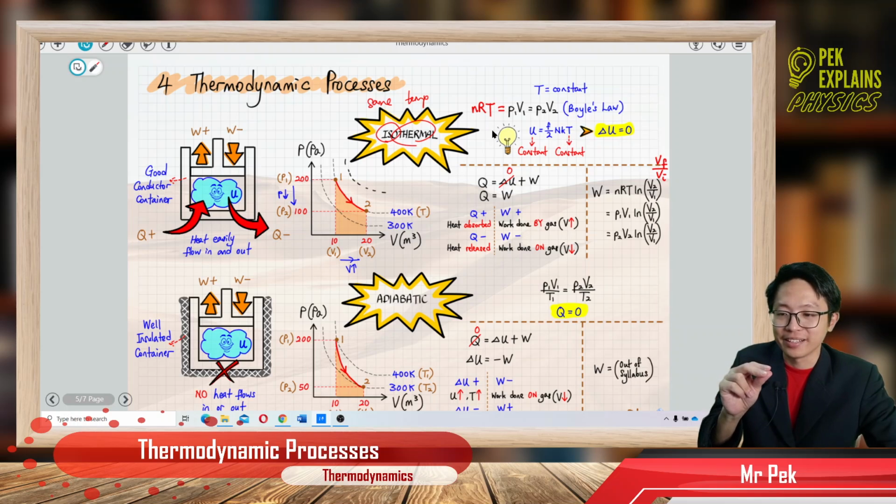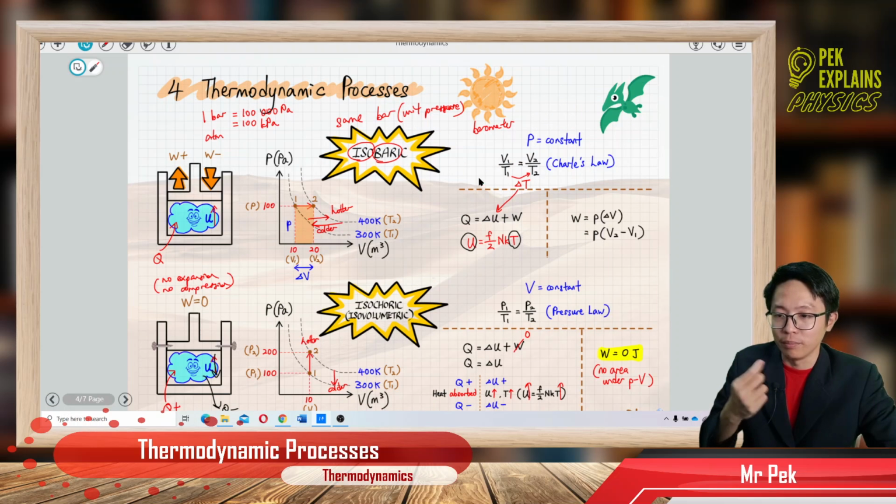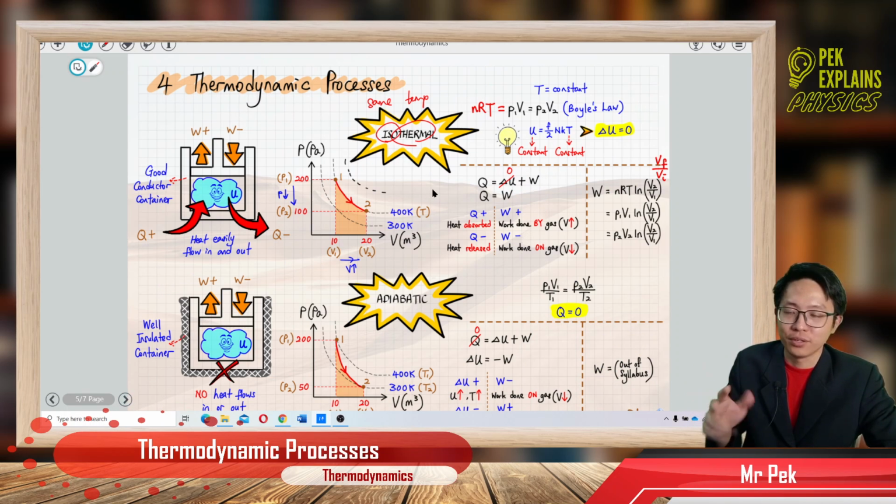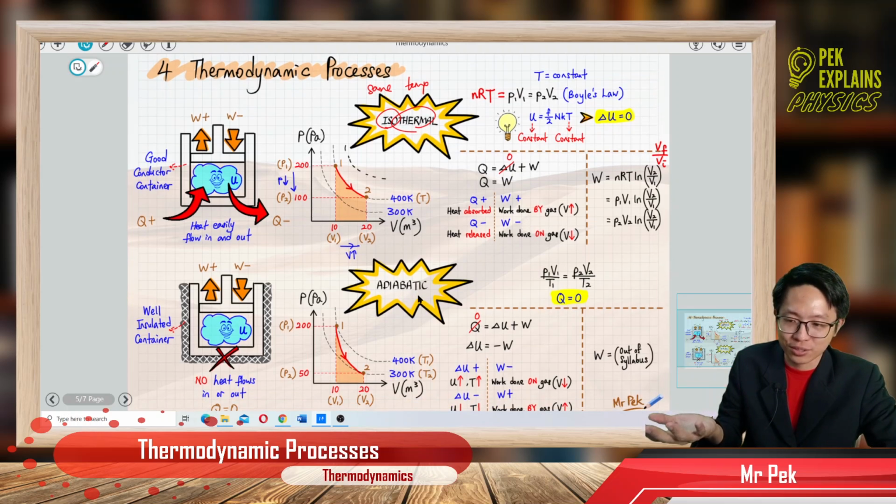Each of these has a law: Charles's law, pressure law, Boyle's law. Constant pressure, constant volume, constant temperature. What else is constant? No more, isn't it? So we only have three iso, and this one is not iso at all.